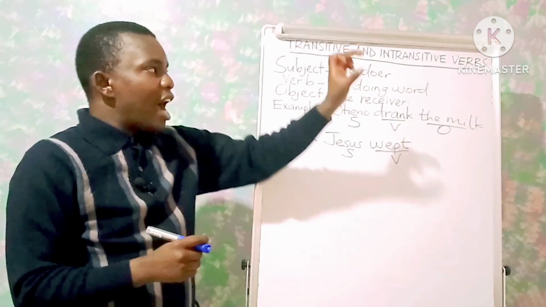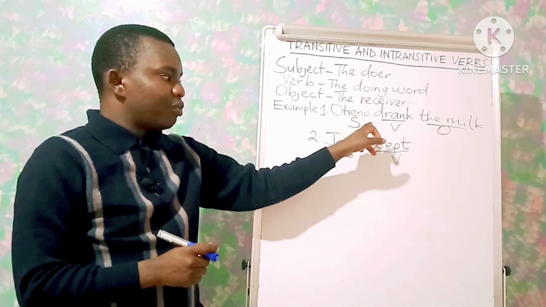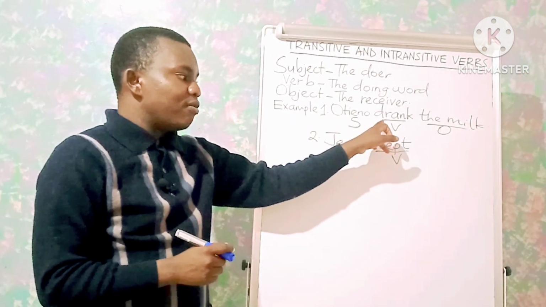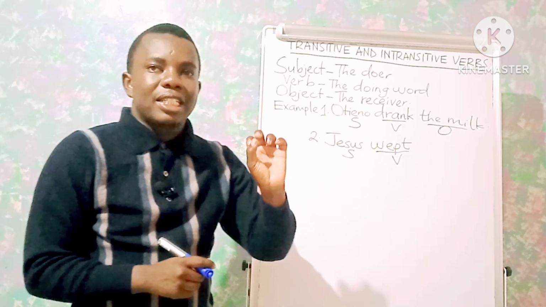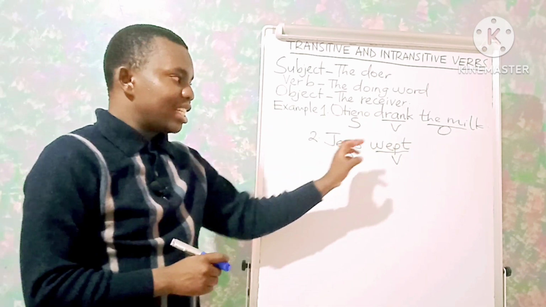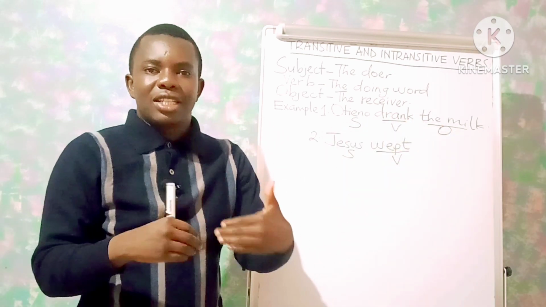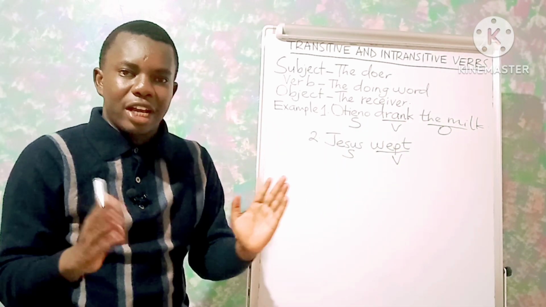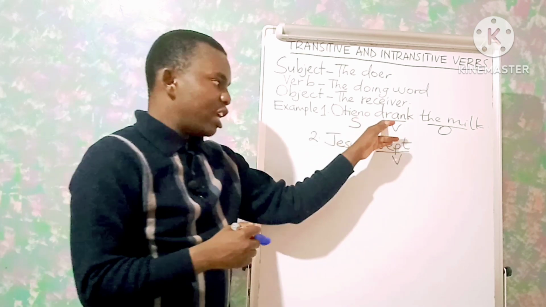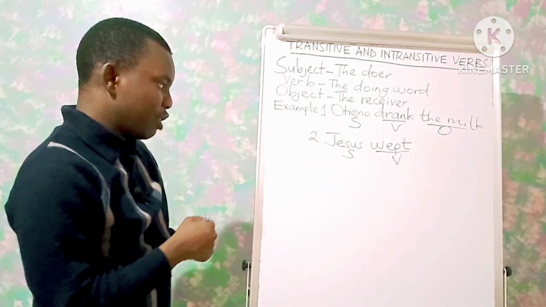So a transitive verb is a verb that precedes an object. So if a verb appears in a sentence where there is an object, that verb we say is transitive.